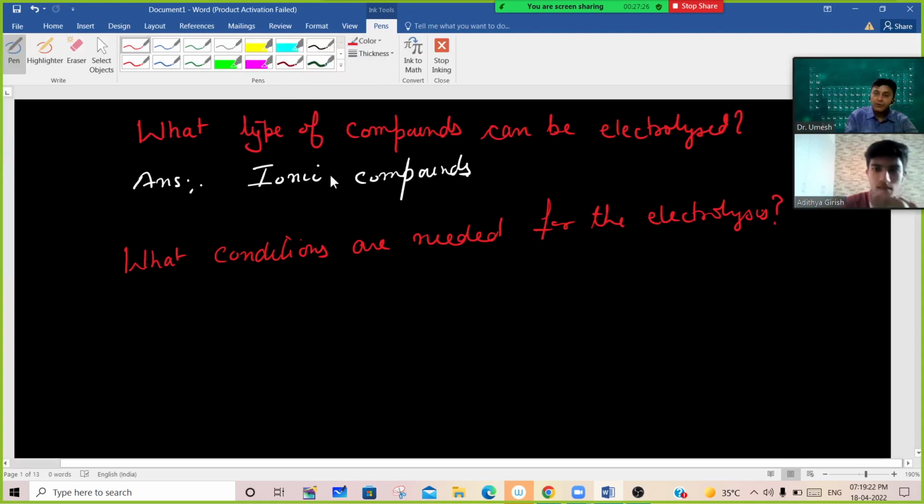Now here I have a question. What conditions are needed for the electrolysis? The compound should be in molten or aqueous state. Good.